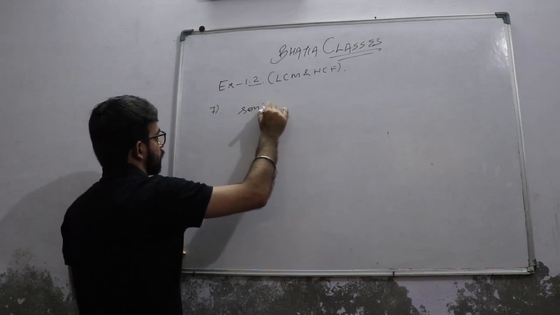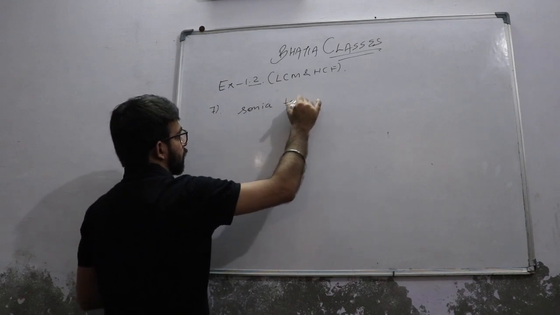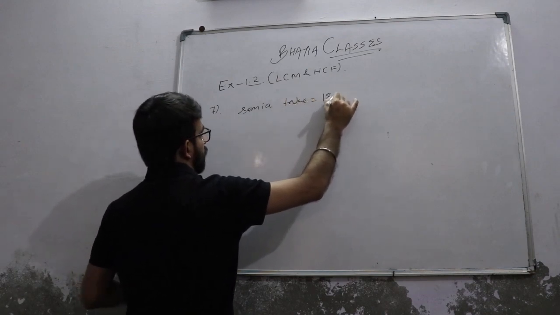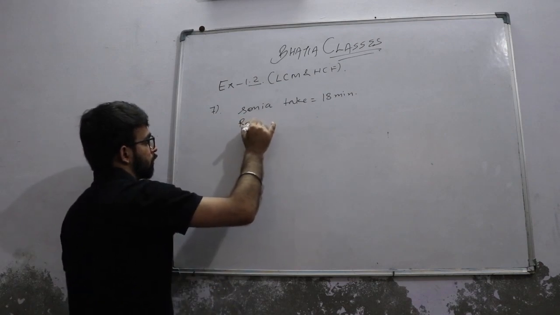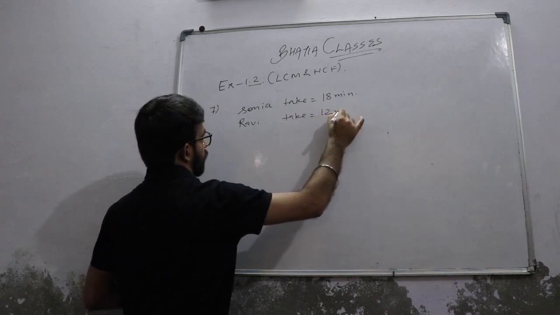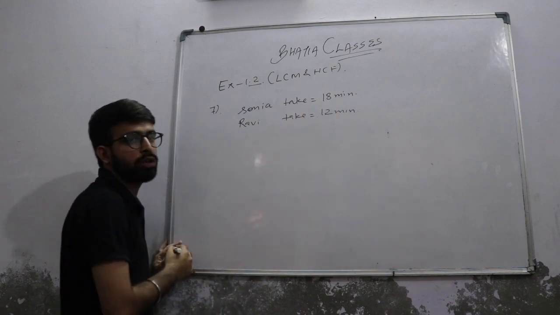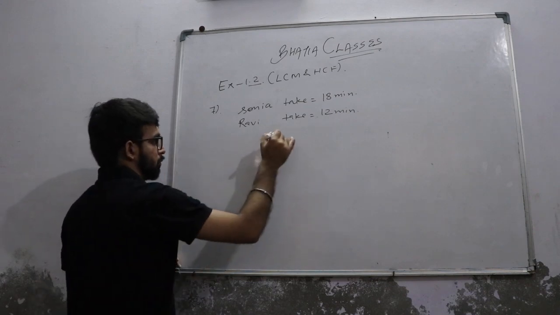Next part. Now the last sum of this exercise, 7 sum. Sonia takes 18 minutes and Ravi takes 12 minutes to complete their rounds. Let me show you by the circle.